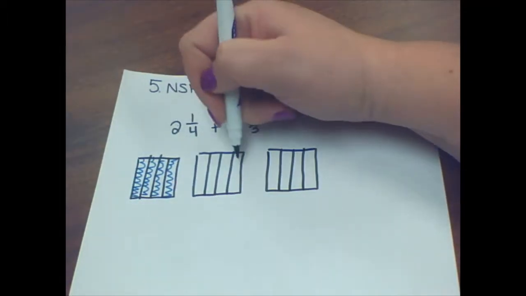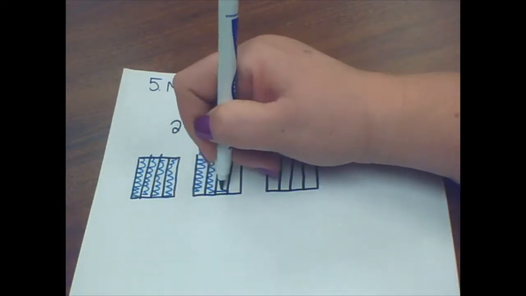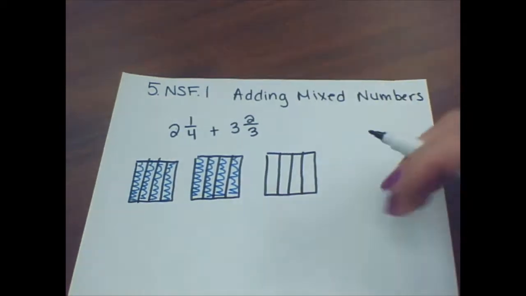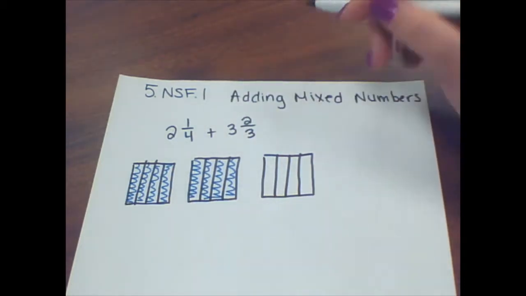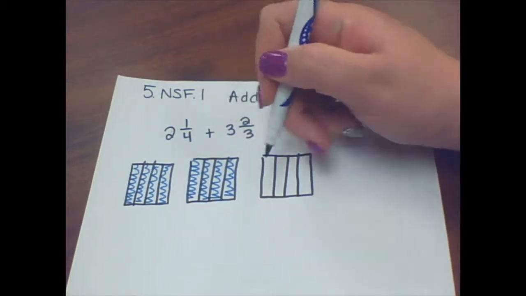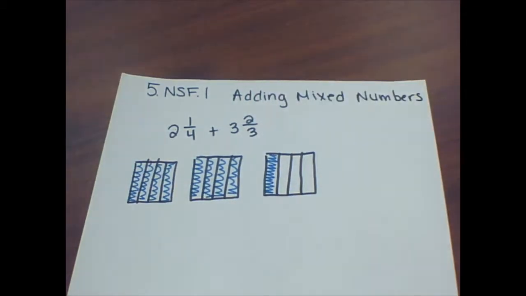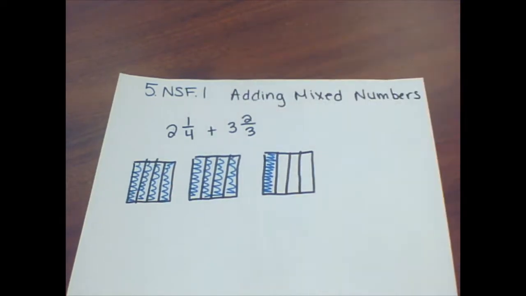But I actually have 2 wholes, so I have to shade another one. If the whole thing is shaded 4/4, that equals a whole. Okay, so that represents my 2 wholes, my 2. But I still have 1/4 that I have to shade, so I'm going to shade one of these. Okay, good so far. I have 2 wholes, and I have 1/4.